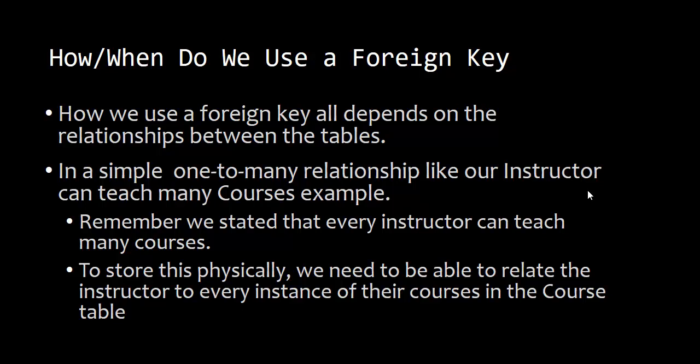So what does that mean? We need to be able to say in the course table that this is the instructor that taught it. And in doing so, we're going to reference the primary key of that instructor, and the foreign key is going to be a representation of that primary key for that instructor.